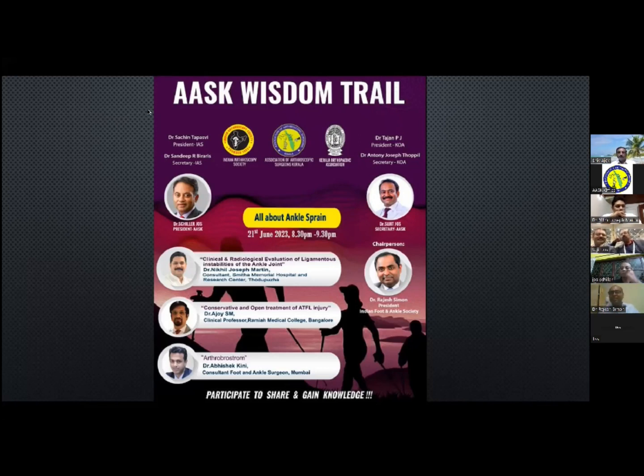And we're fortunate enough to have today one of the great faculties we have in India. One is our own Nikhil. He's our golden boy. Wherever he goes, he gets some gold medals and comes back, so I call him the golden boy of Kerala. He's got a special interest in foot and ankle and has joined us in a lot of other places.